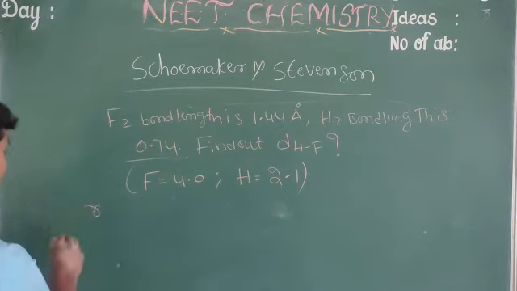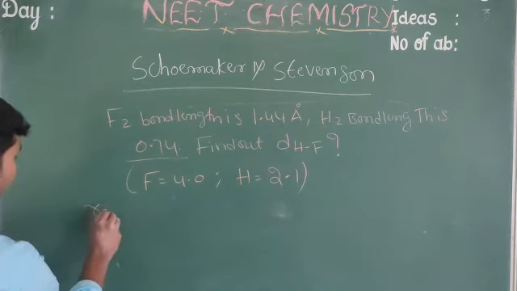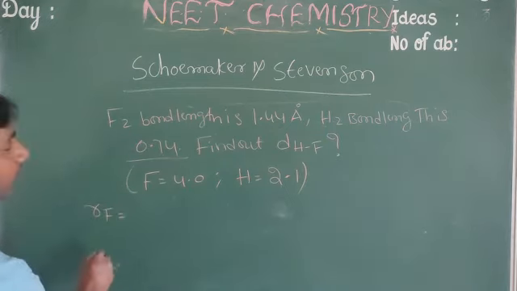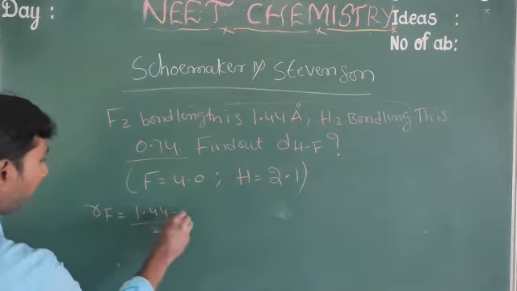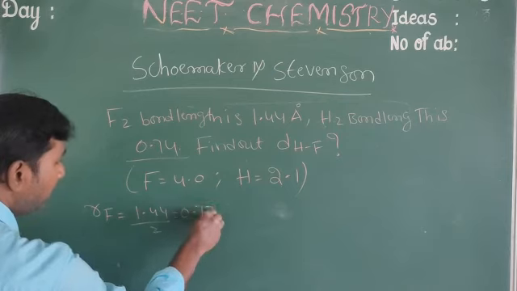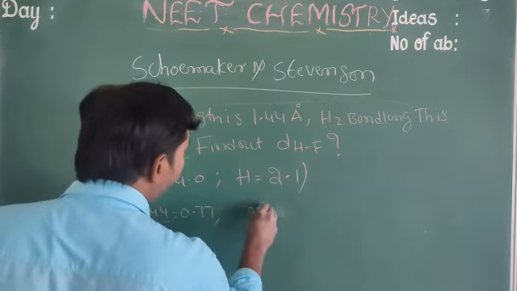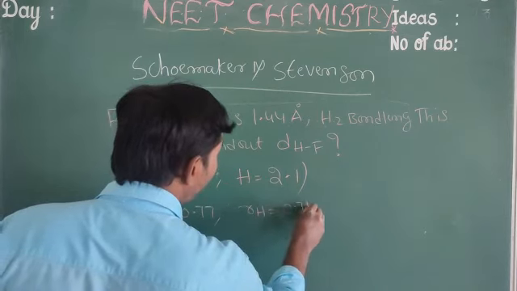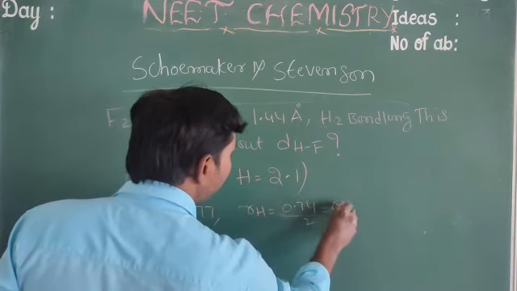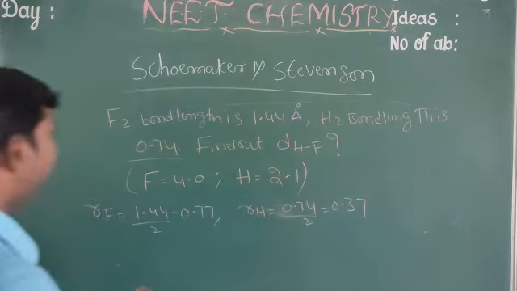That's why radius of fluorine equals 1.44 by 2, equal to 0.77. Radius of hydrogen equals 0.74 by 2, equal to 0.37.